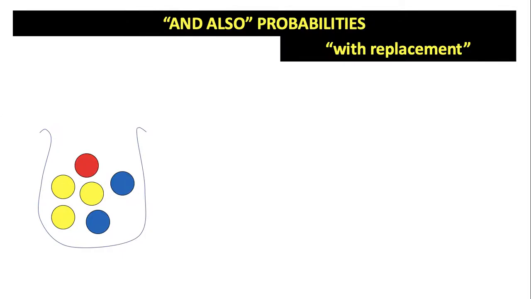So I'm now going to talk about and also probabilities of combined events. First of all, where you are replacing the balls in the bag after you pick the first one, before you pick another one. So with the same 3 yellows, 2 blues, and a red, I've got a 1/6 chance of a red, 3/6 chance of yellow, 2/6 chance of blue.